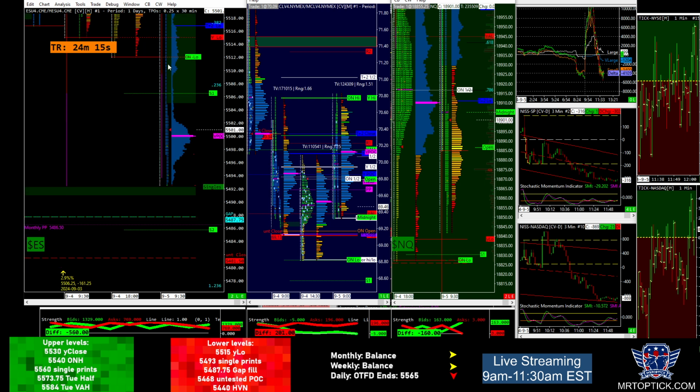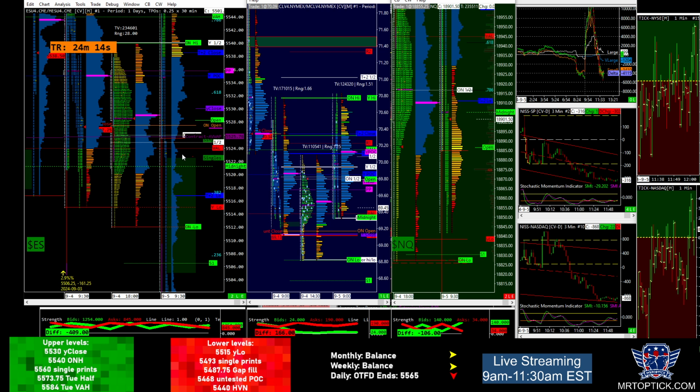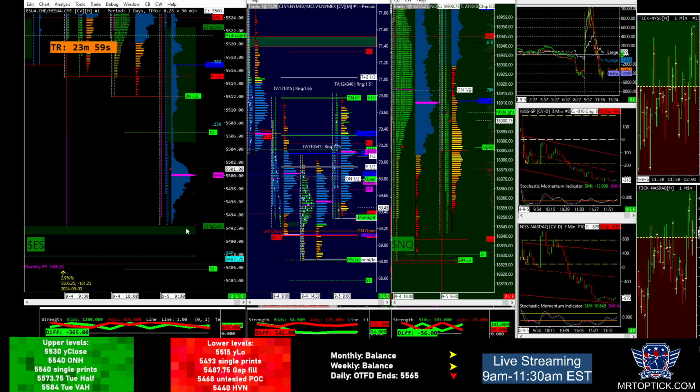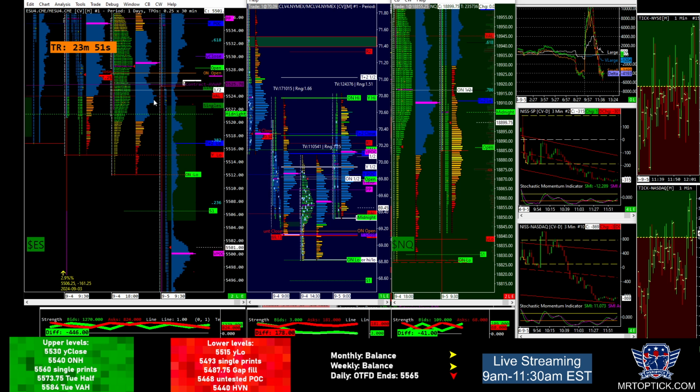So because my bias is short right now, because we have this gap right here, we traded below the lows, I'm thinking, okay, well, go short at the top of the range, take some profit in the middle, target the bottom of the range. So that's how I keep looking at it throughout the day to take small scalps.